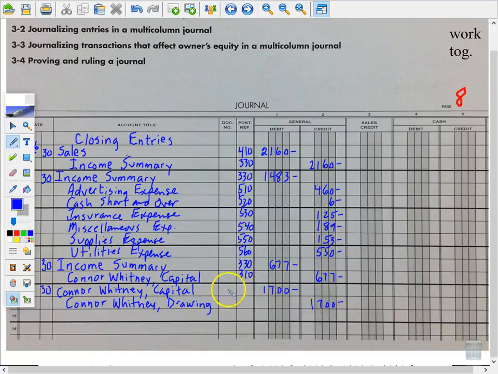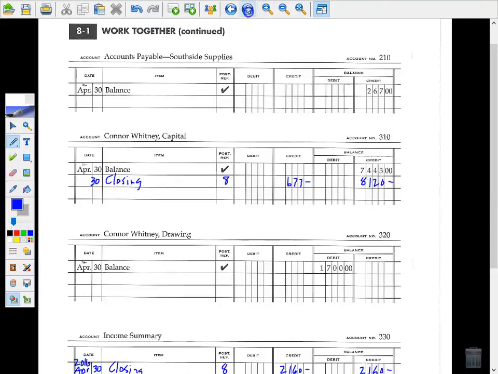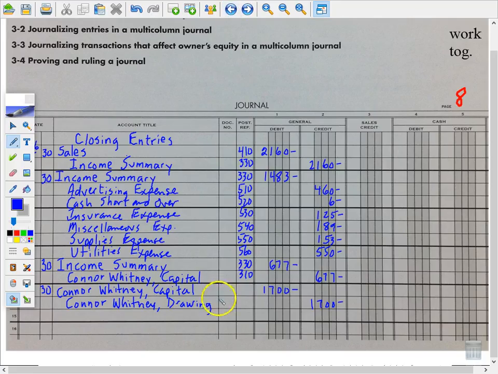Okay, once again, this time we're going to debit capital for the drawing amount. And that was 1,700. So we had a balance of 8,120. Now we're going to subtract 1,700, and that should be 6,420. 310 again.